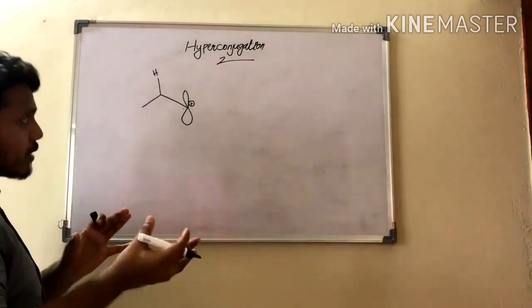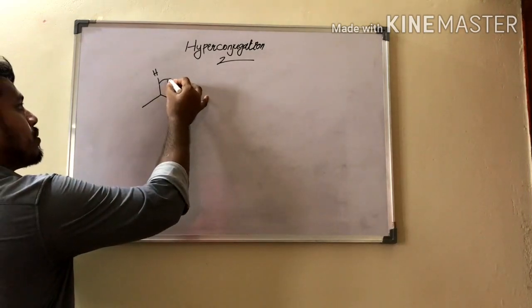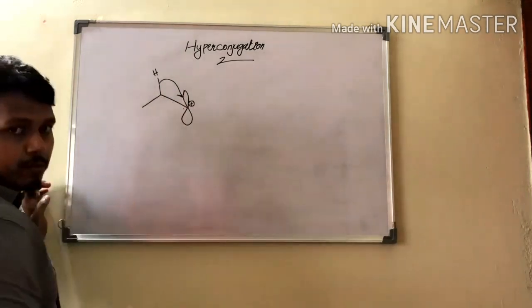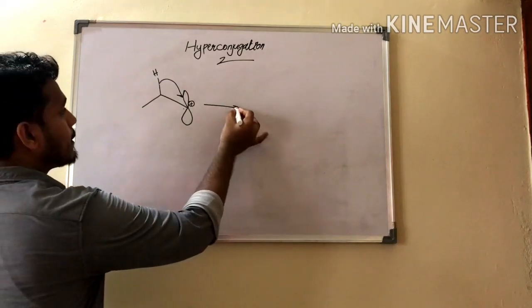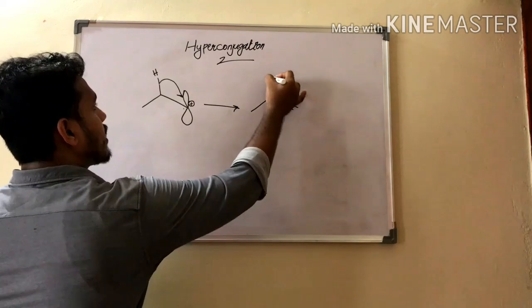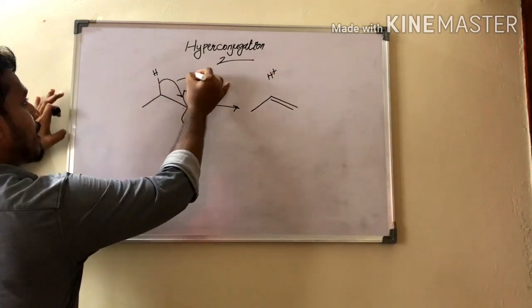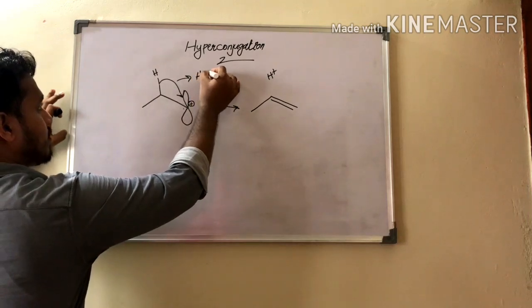This electron moves onto this vacant p orbital, so you will end up with an alkene along with H plus. This interaction is called a hyperconjugative interaction.